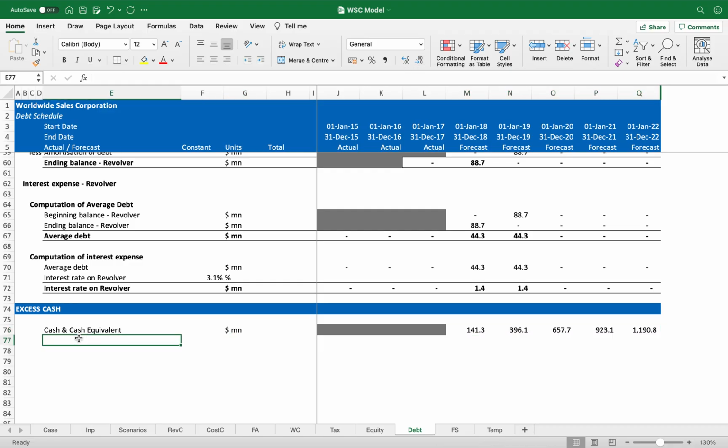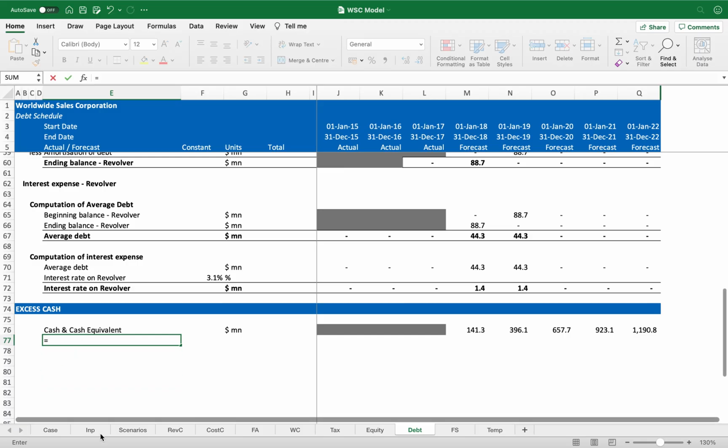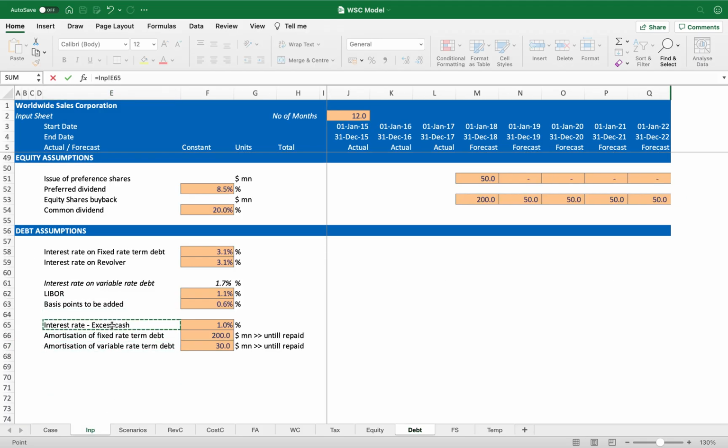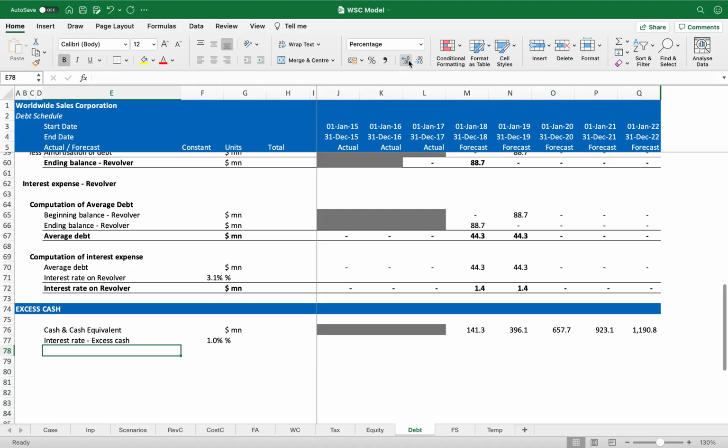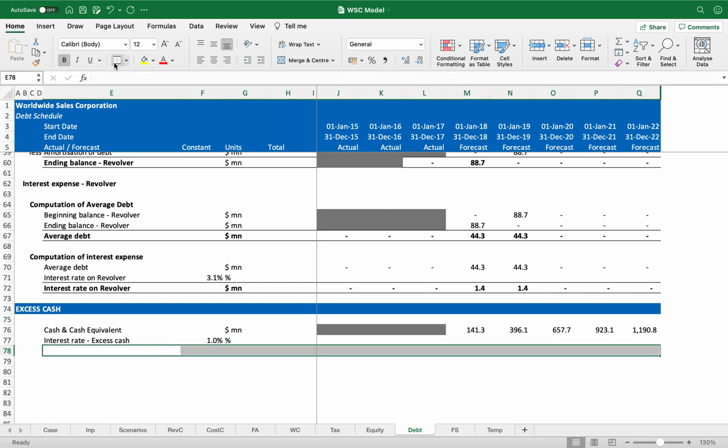Cash and cash equivalent, this much. Then I have an interest income on excess cash, which is nothing but 1%. So what is your interest income on excess cash?